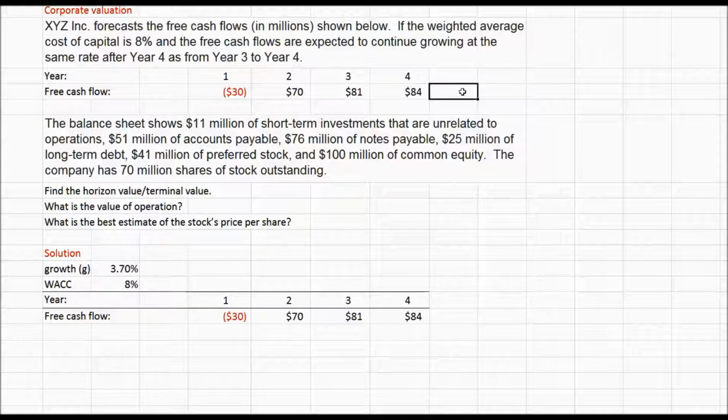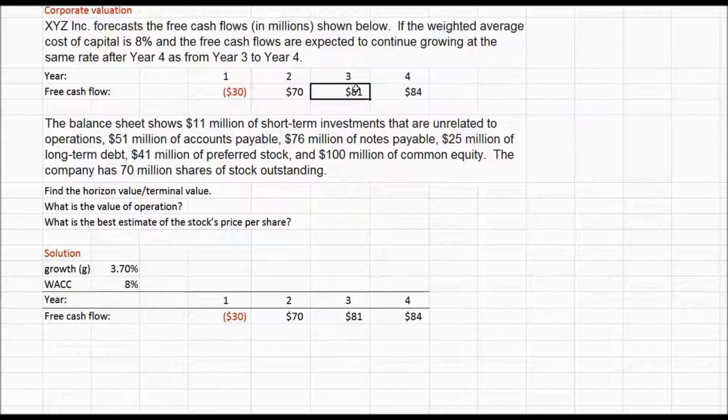All these future cash flows, you can keep on going for hundreds of years, even thousands of years, as long as you want. But it's not going to make any difference, because you don't have to do any extra work. You don't have to go the next 10, 15, or 20 years.